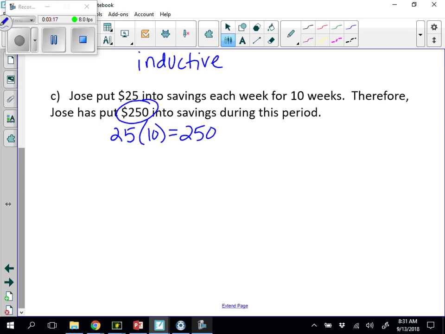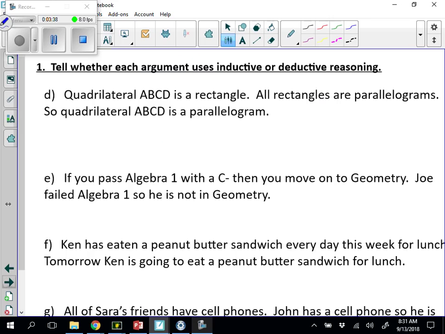So I have used a process in math, multiplication, which is a previously proven way to calculate numbers. So this is deductive. So generally, if you can calculate an answer through some mathematical process, you're going to be using a deductive reasoning versus just an inductive type reasoning.